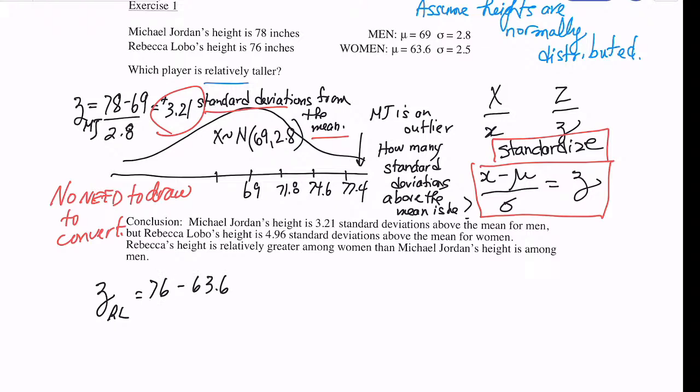Actually, let me do this a little slower. So you need to take the value, 76 inches, and then minus her mean and divide by her standard deviation. You need to use the information for females now, sorry, not Rebecca Lobo, it's women.